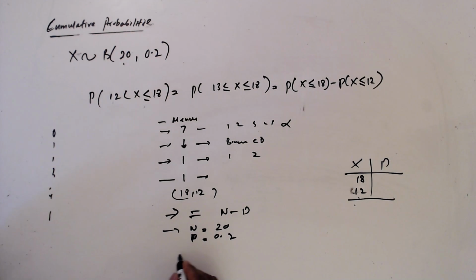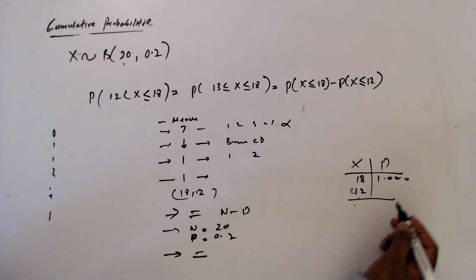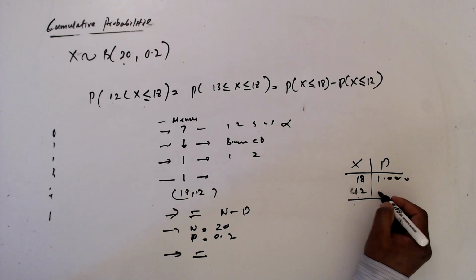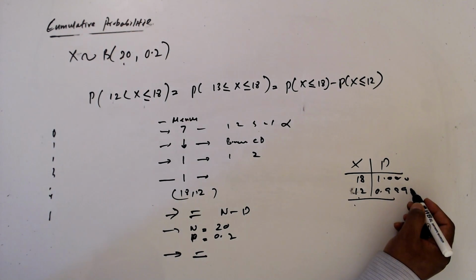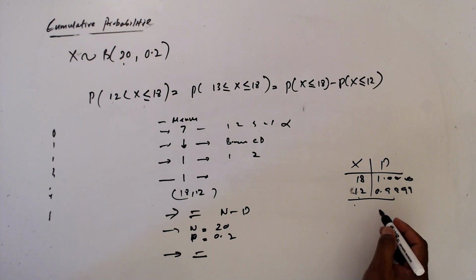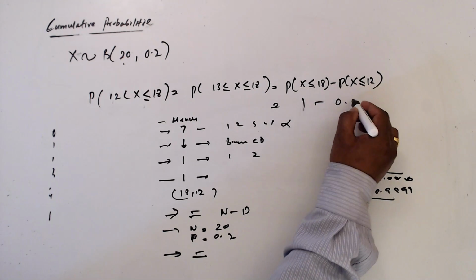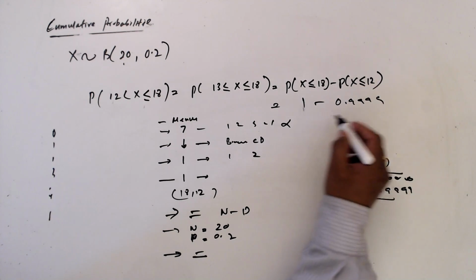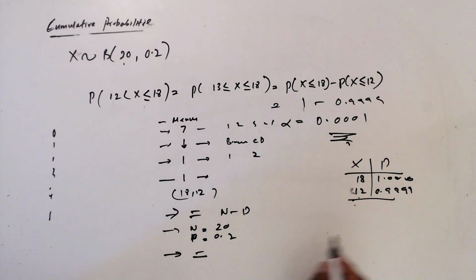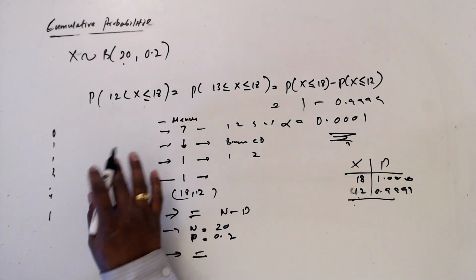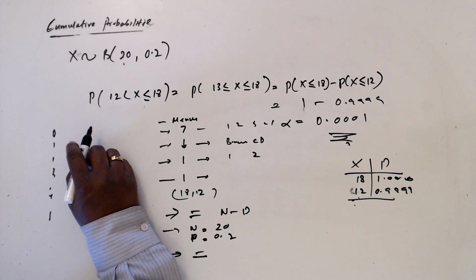When you are done, press enter. You can see the 18 value as 1 and the 12 value as 0.9999. So this is 1 minus 0.9999, and the answer is 0.0001. If there are only 2 or 3 values, you can do it like that.